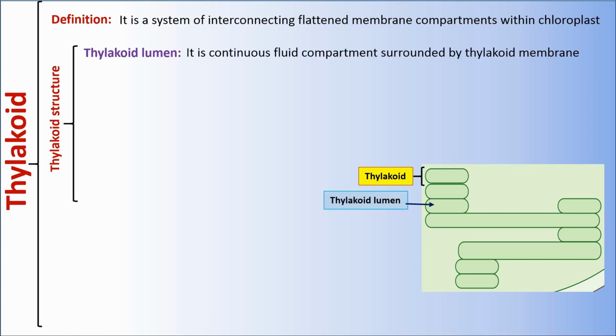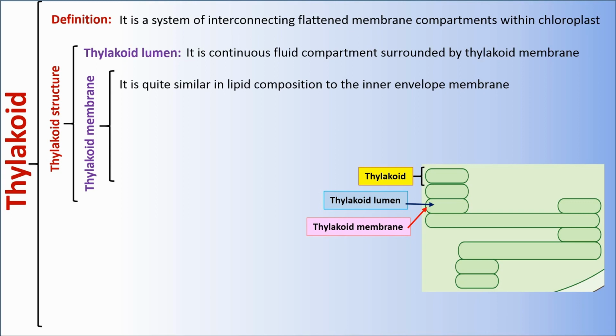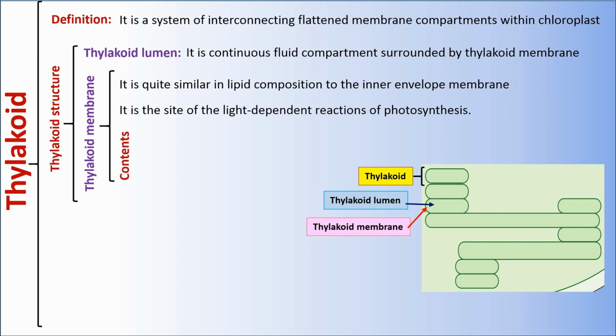Thylakoid lumen is a continuous fluid compartment surrounded by thylakoid membrane. The thylakoid membrane is quite similar in lipid composition to the inner envelope membrane. It's the site of the light-dependent reactions of photosynthesis. Contents of thylakoid membrane are chloroplast electron transport system and chlorophyll pigments.